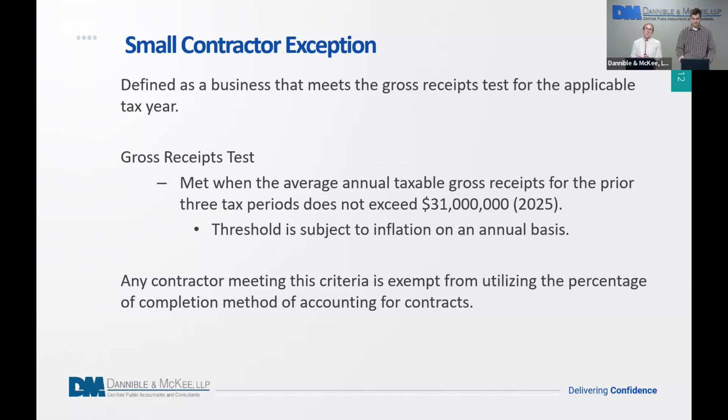If that average does not exceed a set threshold, then they would qualify as a small contractor, and they could utilize some of the methods that I'll be going into for accounting their long-term contracts for tax purposes. If they're above that threshold, then they're considered a large contractor and they're required to use the percentage of completion method, unless they meet the other exception I just covered. For 2025, that average annual basis is set at 31 million.